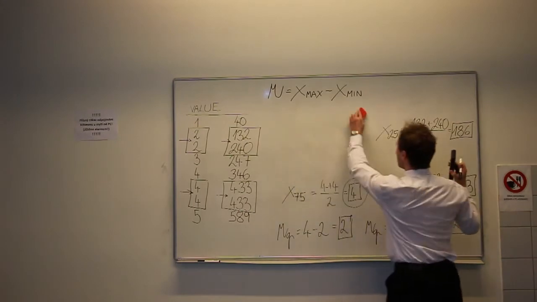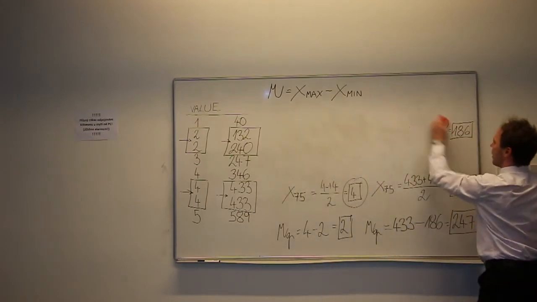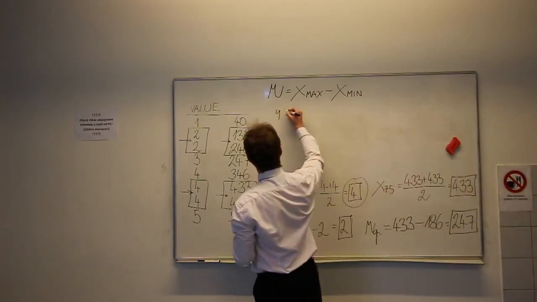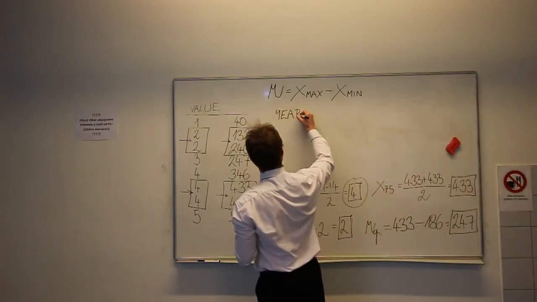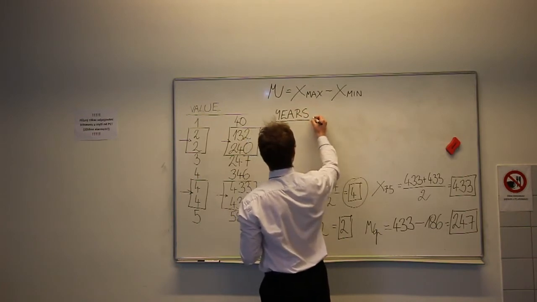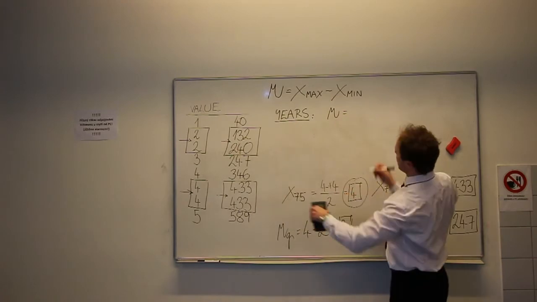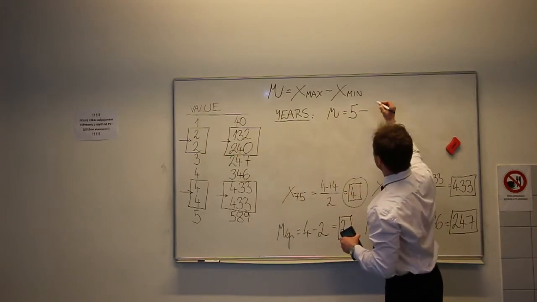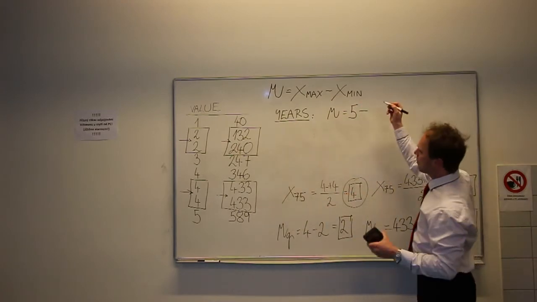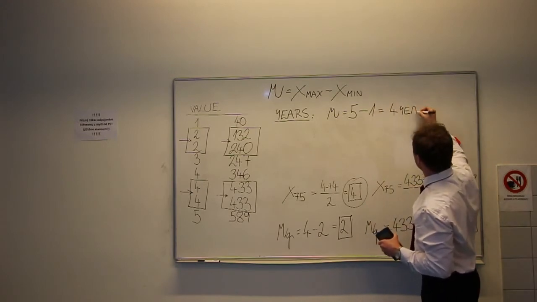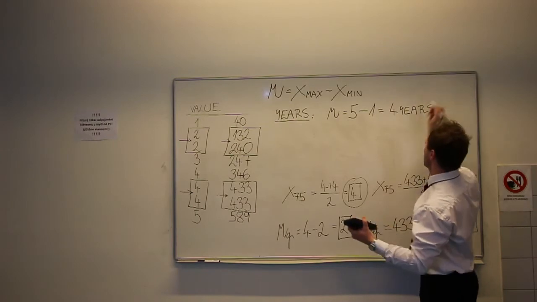For the variable number of years, the maximum value is 5 minus the minimum value 1, and the result is 4 years. So you can see it's very easy.